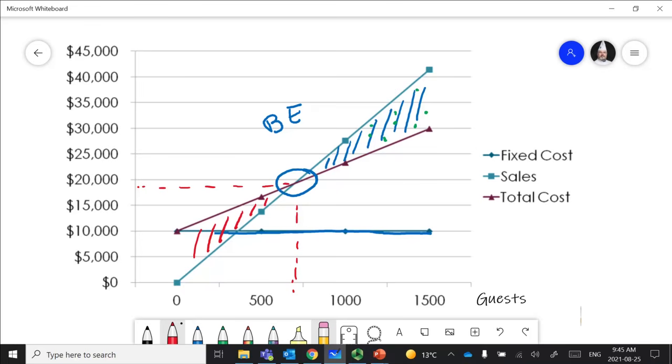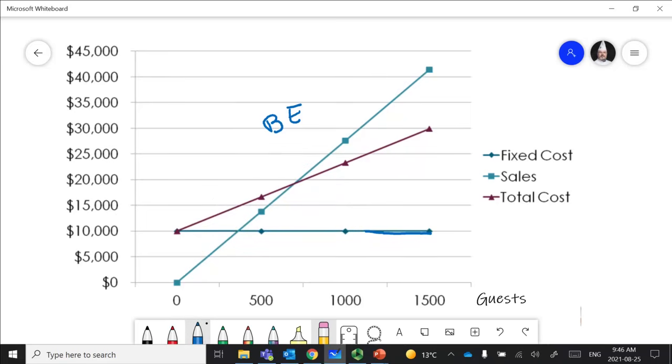So the thing with this graph is, if we decide to change how we operate, for example, we decide that we're going to increase our sales, so this blue line here, we're going to raise our prices, that might change this sales line into a steeper one, right?